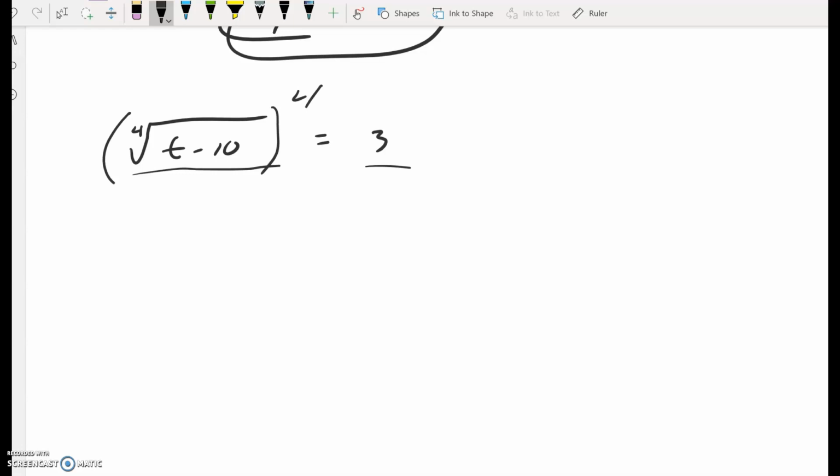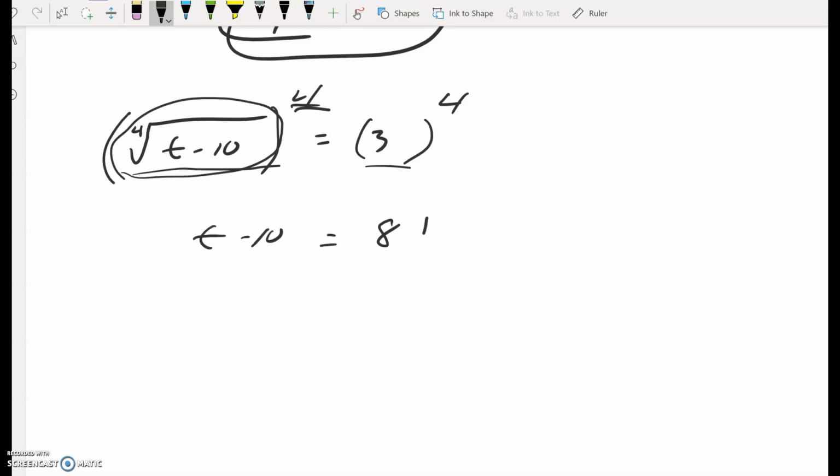But we could instead write it this way, and with 4 of them, this saves a significant amount of time. 3 to the 4th power is 3 times 3 times 3 times 3, or 9 times 9, or 81. This, multiplied by itself 4 times, gives you exactly the thing inside. Adding 10 to both sides, we get t equals 91.